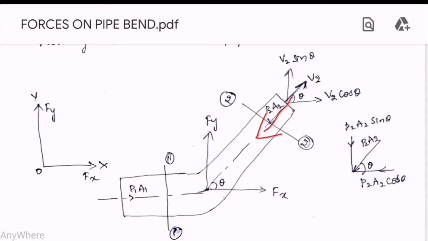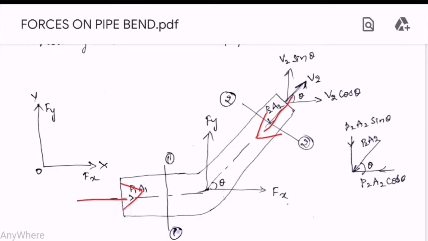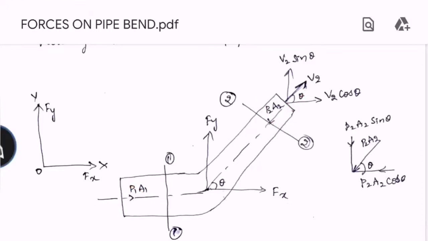Because if we assume that it is in the left side or downward direction, opposite to the other direction, then we can say that the flow is in equilibrium, or the flow can happen; otherwise the flow cannot happen. That is the reason we have this along one direction and this along another direction. These are the first forces we have. Next we have Fx and Fy.